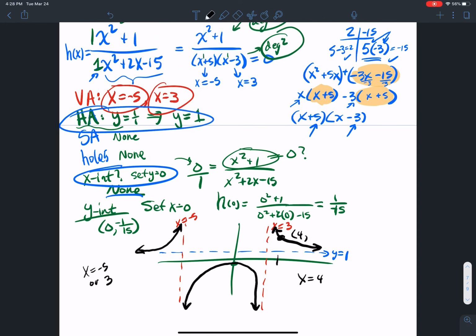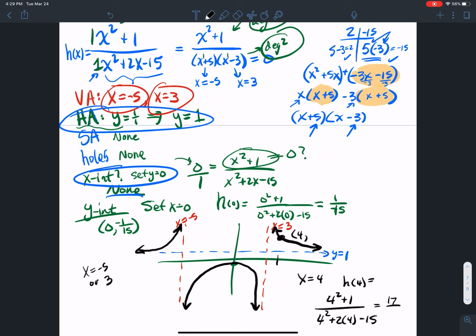So if I plug a 4 into h, what do I get? 4 squared plus 1 over 4 squared plus 2 times 4 minus 15. So 4 squared, that's 16. So that's 17 over 16 and 8, that's 24. Take away 15.